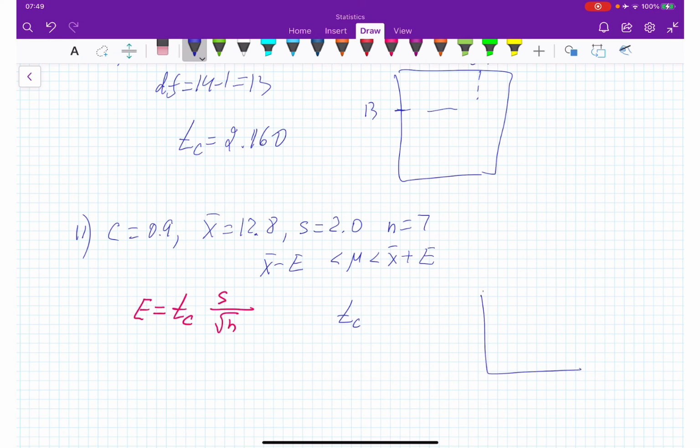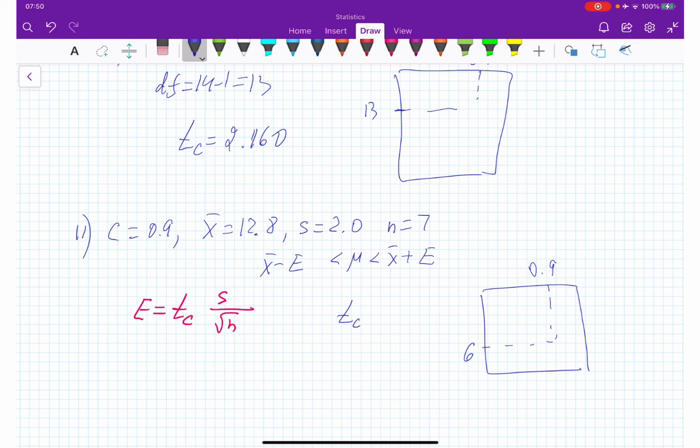How much is going to be t critical? Let's see, I'm going to look for 0.9 here and come down, n is 7, that means I'm looking for 6. Let's open and see. 0.9 and 6. 0.9 coming here, 6.